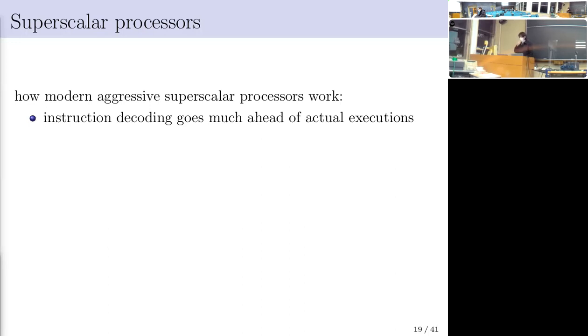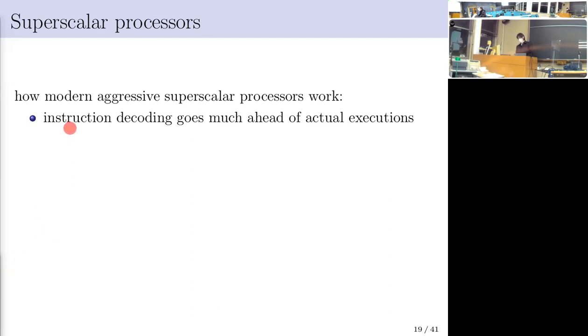I think you know something about superscalar processors: they can perform multiple instructions in a single cycle. But generally speaking, how you translate it into the performance of your program is the very important part.